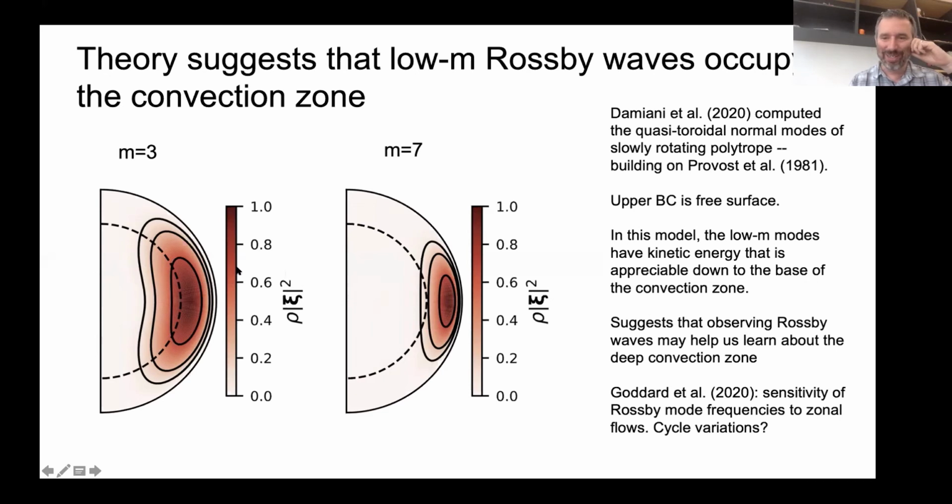These are neutrally stable polytropes. There's no stably stratified radiative interior beneath the convection zone. I think it would be interesting to do that problem and see what happens. But the point I'm trying to make here is that, at least in this model, the Rossby waves are not a surface effect, but they look like something that's quite deep. And I think that makes them interesting.